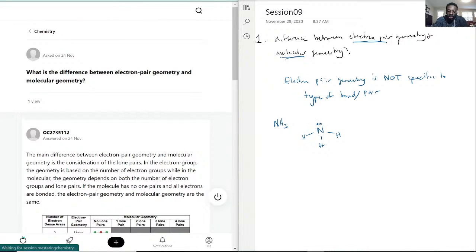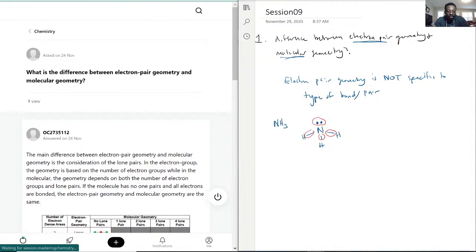So in terms of the electron pair geometry, we're going to count out how many electron pairs that nitrogen specifically has, because we always want to do it from the central atom. We have 1, 2, 3, 4.